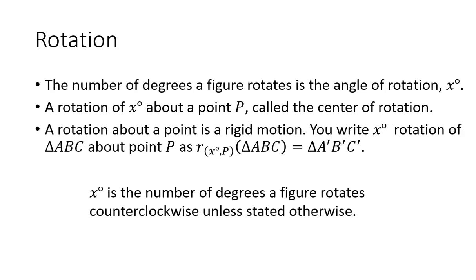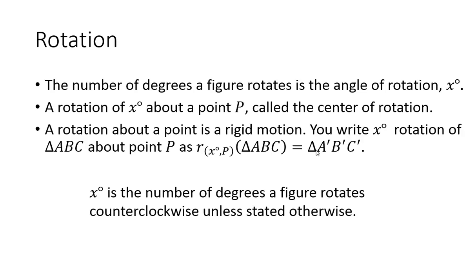you're rotating about. And a rotation about a point is a rigid motion, and you can write x degrees rotation of triangle ABC about point P as a lowercase r and then a subscript with your angle of rotation, x degrees, comma, your point P, and then that is telling you that you're rotating triangle ABC.